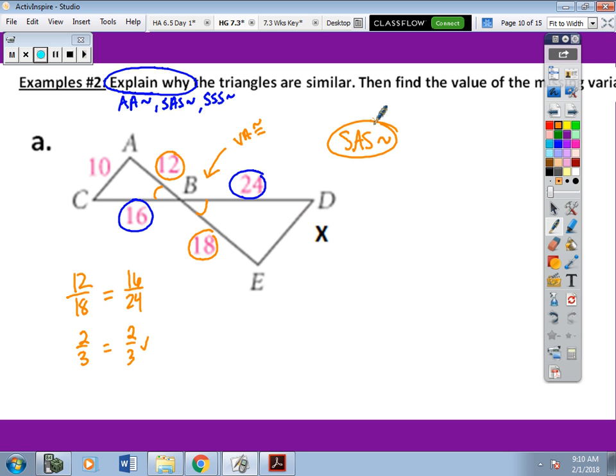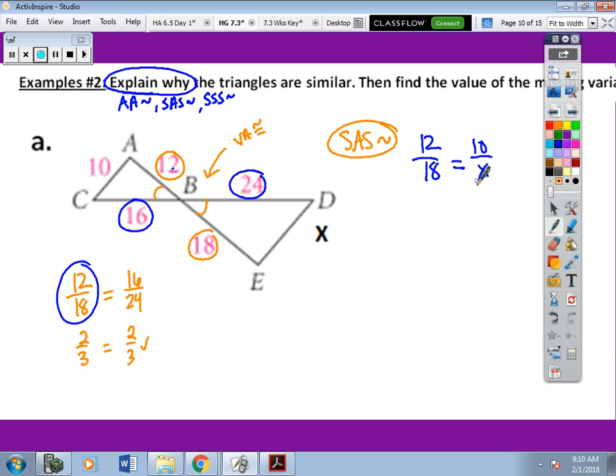Then find the value of x. You're basically doing now what we did in our homework last night. We're going to write a proportion and we're going to cross multiply to find out what x is. So for example, let's just use the first one. 12/18 would equal 10/x. This is one example of a proportion.